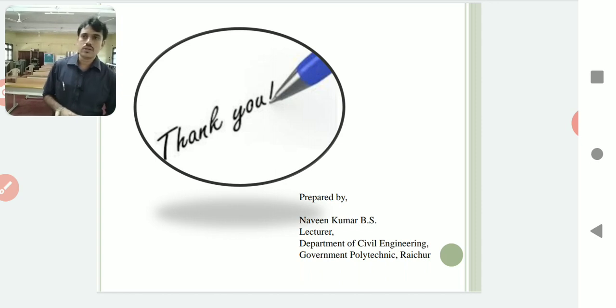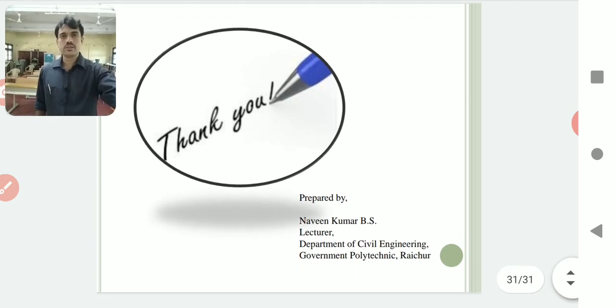And second, maybe classification of soil based on its size, that's one part, and classification of soil based on its properties, and classification of soil as per ISCS, that is Indian Standard Classification System, IS 1498 1970, what I explained in the second video.